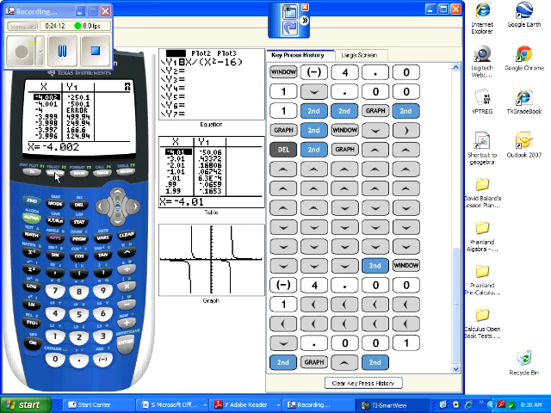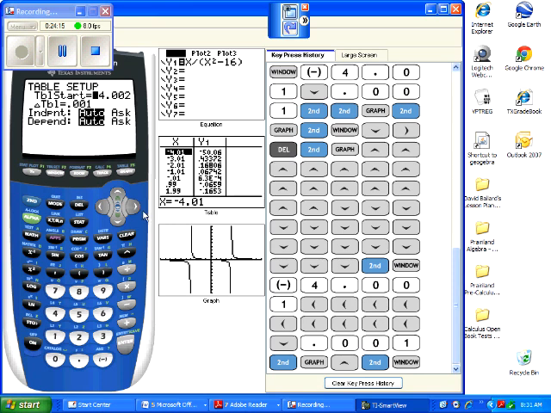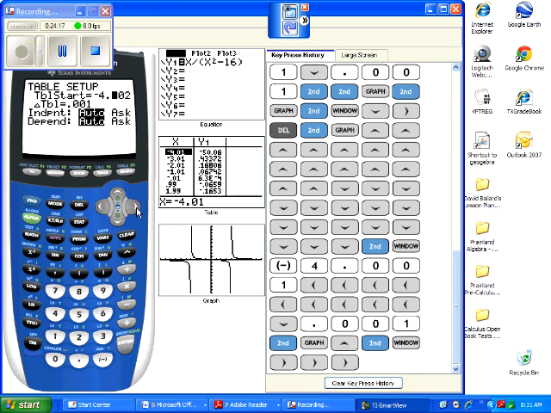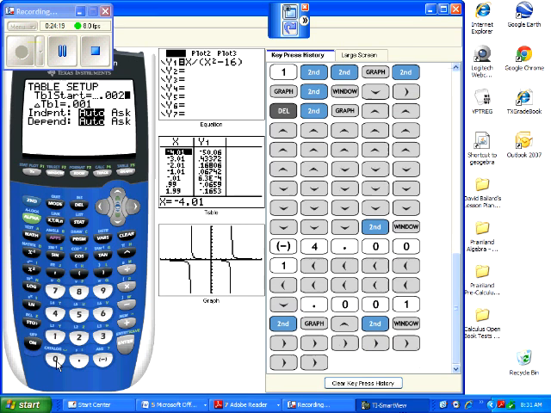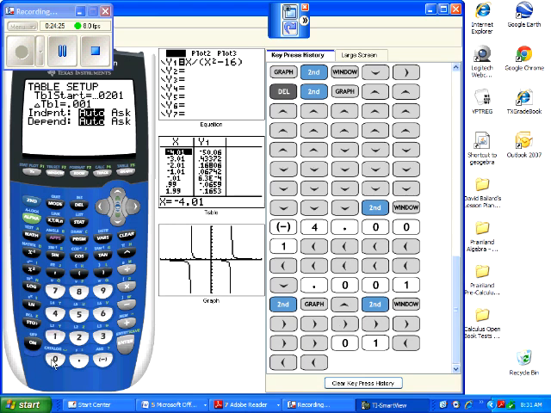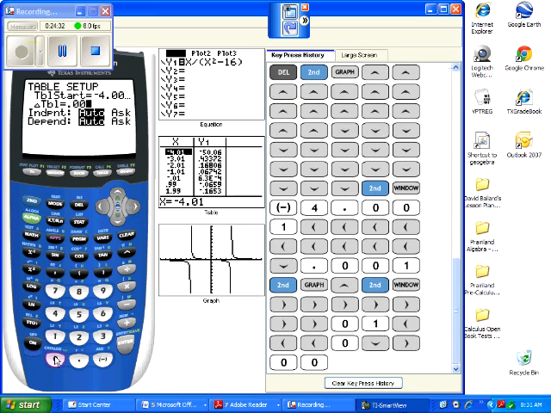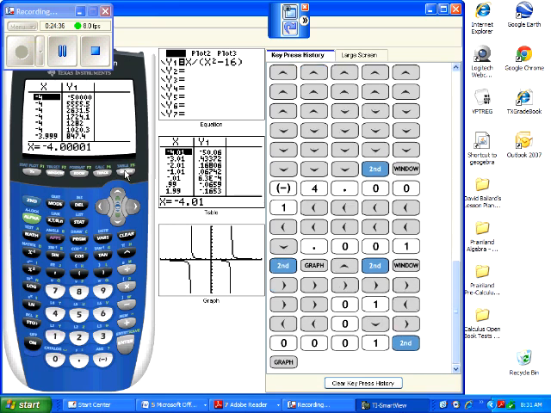Now let's go to table set, 0.0001, and 0.001. And second table. I must have missed my 1.